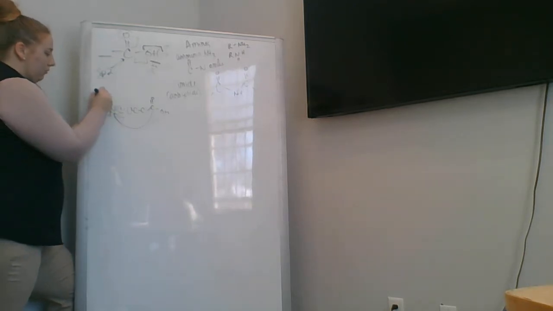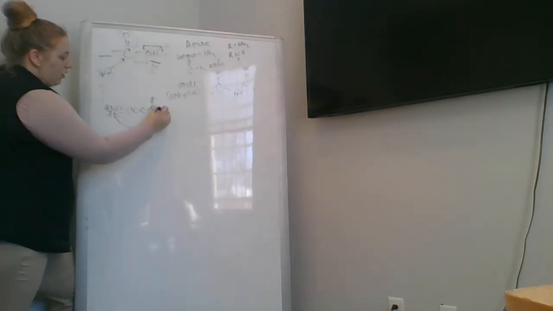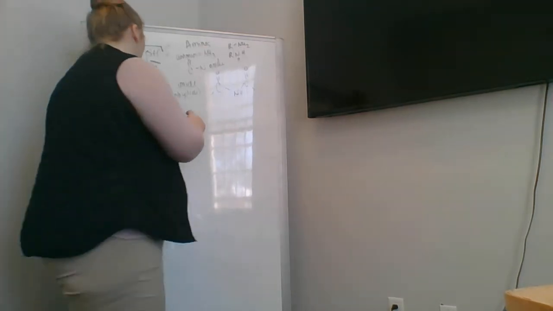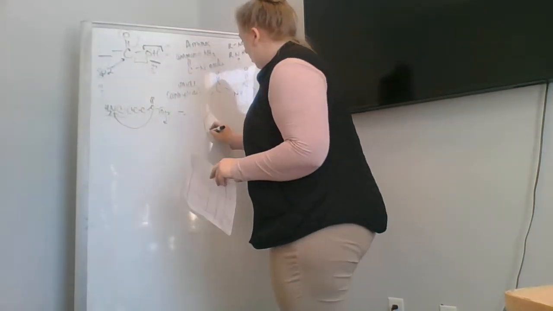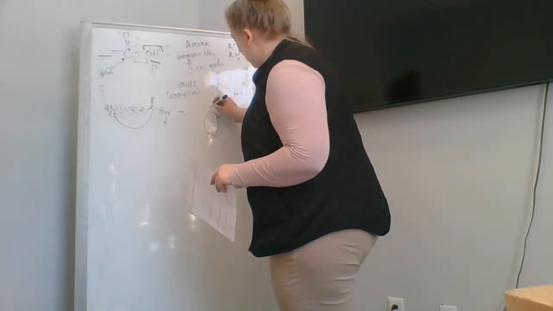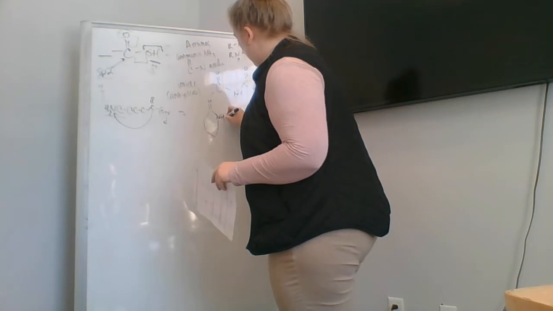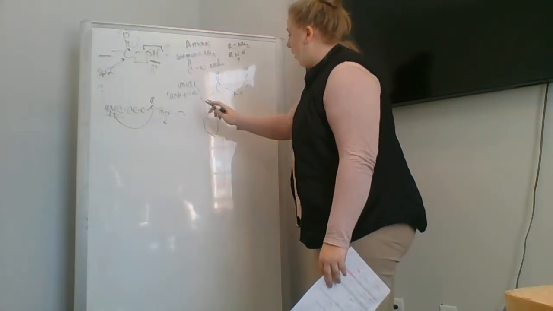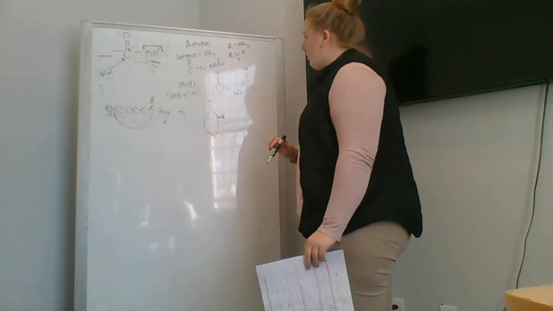We are going to remove one hydrogen here. We're going to remove our hydroxyl group. Okay, so we still have our amide functional group, it's just in a cyclic compound.